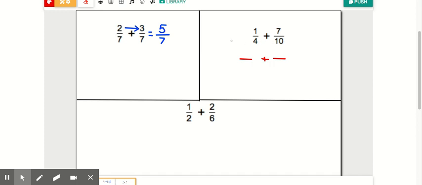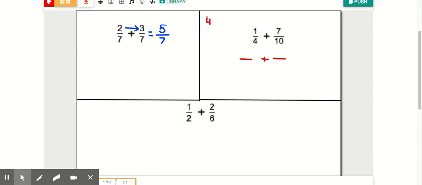So multiples of 4, we know are 4, 8, 12, 16, 20, 24. We know the multiples of 10 are 10, 20, 30, 40. If we look at those lists, we'll see that 20 is the least common multiple.